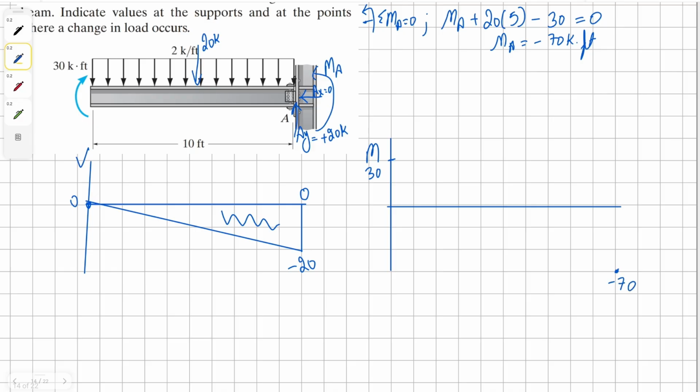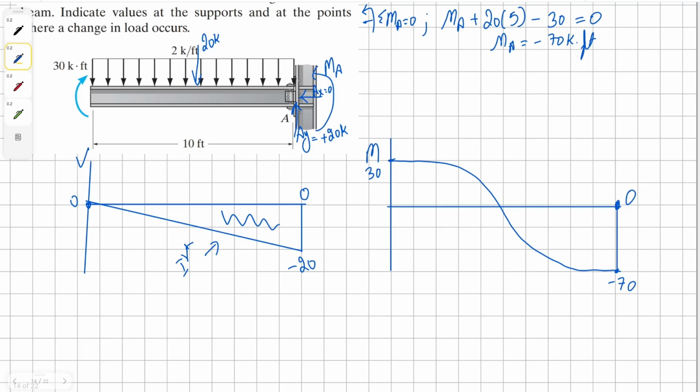And this curve is going to be second order, and this is first order, by the way. I'm going to redraw it so that it looks a little bit better. Something like this. And then at 70, we have moment A, which takes our moment curve back to 0 and also clarifies that the calculation we did was correct.